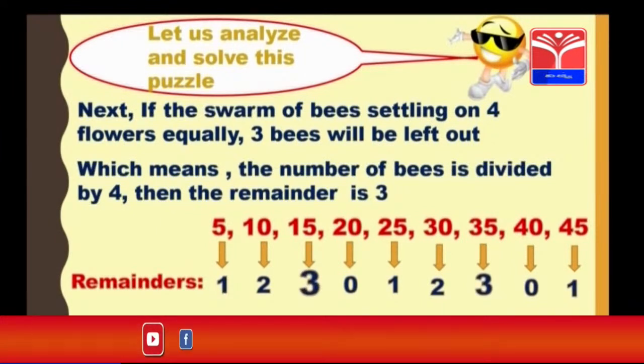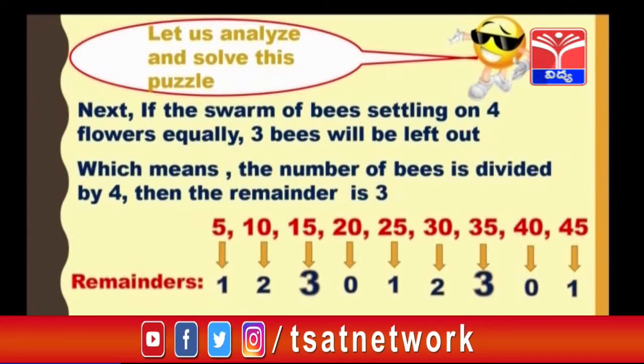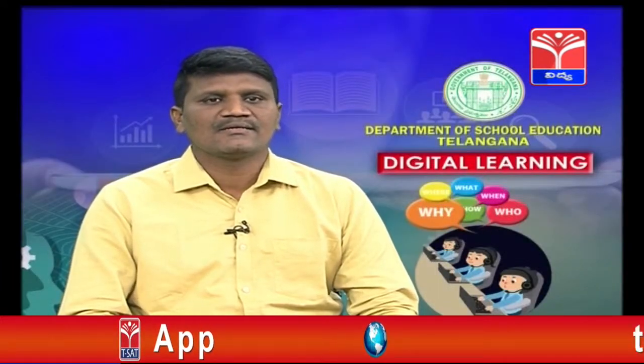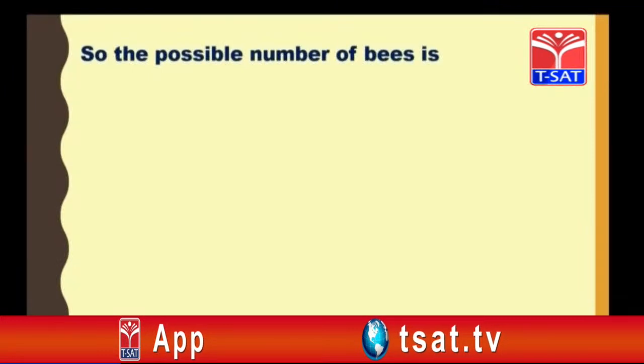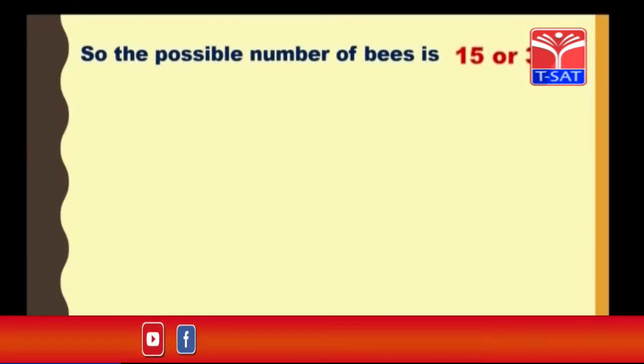We need remainder 3, so two numbers give remainder 3: 15 and 35. So the possible number of bees is 15 or 35, and one of them is the correct answer.